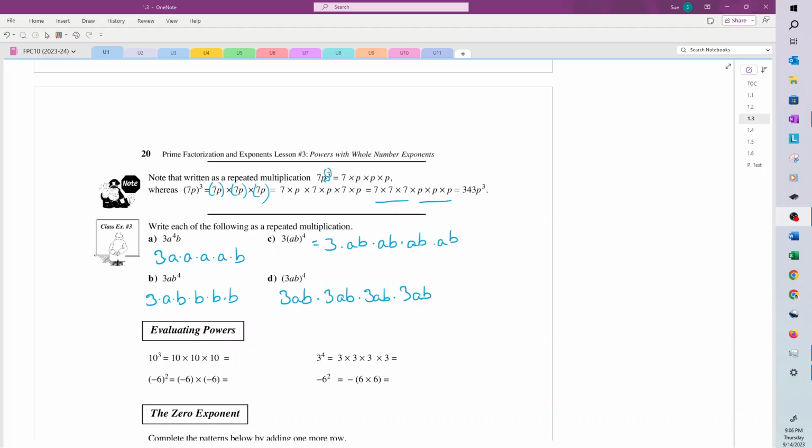Just for clarification, this is saying write as repeated multiplication, and it hasn't asked us to simplify because this example is just trying to make a point. Normally, if you're asked to expand something, I'm going to want you to group things together or simplify them. I'm probably not going to ask you to do repeated multiplication, but I can't promise that.